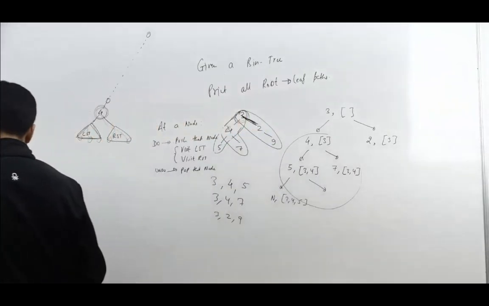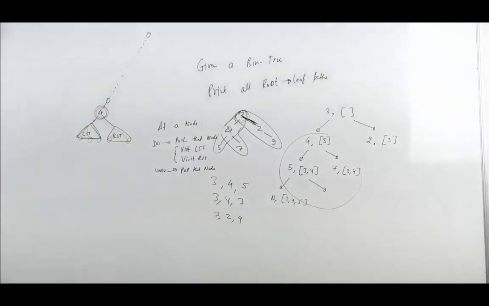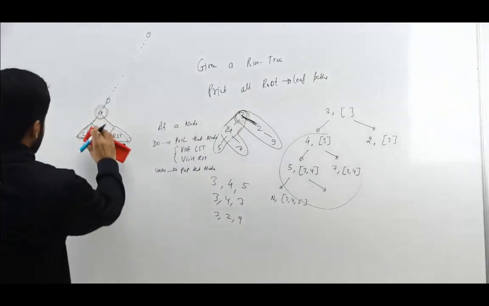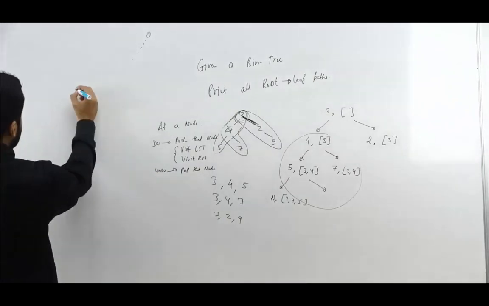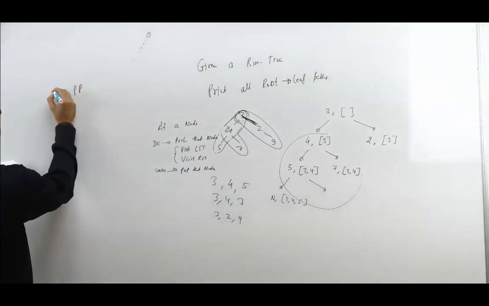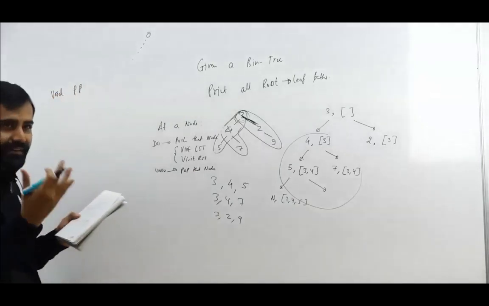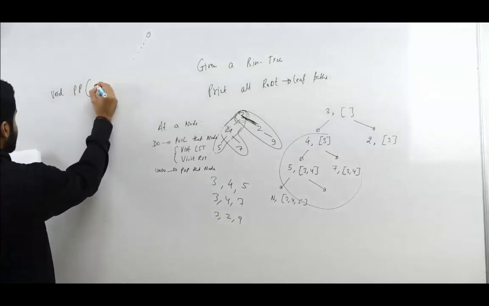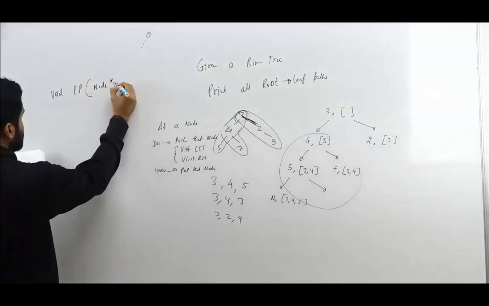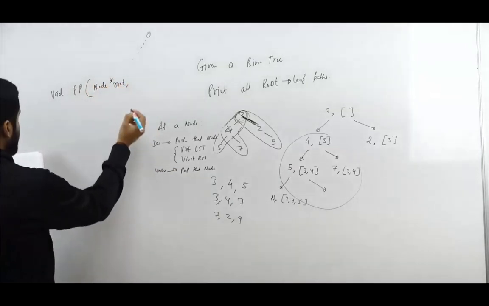Now, if you take a look at the code, it goes something like this. So let's say I have got a method called print paths. It is void because it does not return anything. It simply prints all the paths out there. So here you are passing the root of the tree and you are passing a vector.